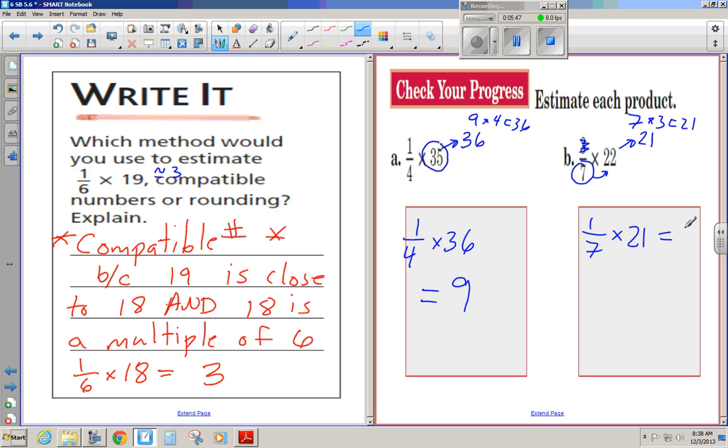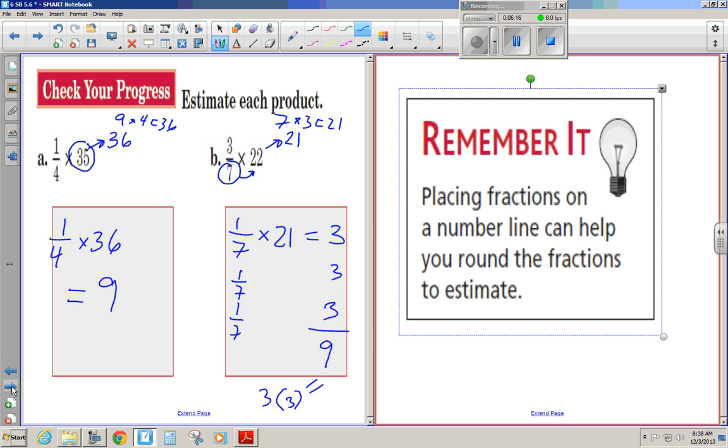Well, that should give you 3. But we have to remember we're not working with 1/7, we're working with 3/7. So that means we need another 1/7 of 21, another 1/7 of 21. So 3 plus 3 plus 3 is 9. You could have also just done 3 times 3 equals 9, but that's basically how this is set up.